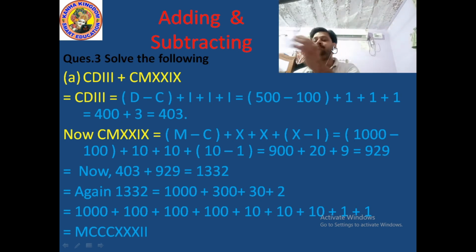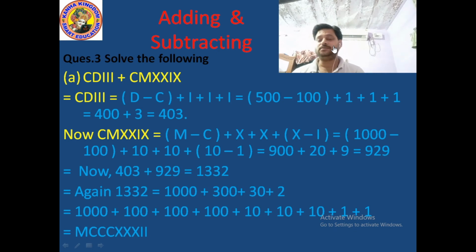Plus X plus X equals 20, plus in the second bracket 10 minus 1 equals 9, so 20 plus 9 equals 29, and 900 plus 29 equals 929.